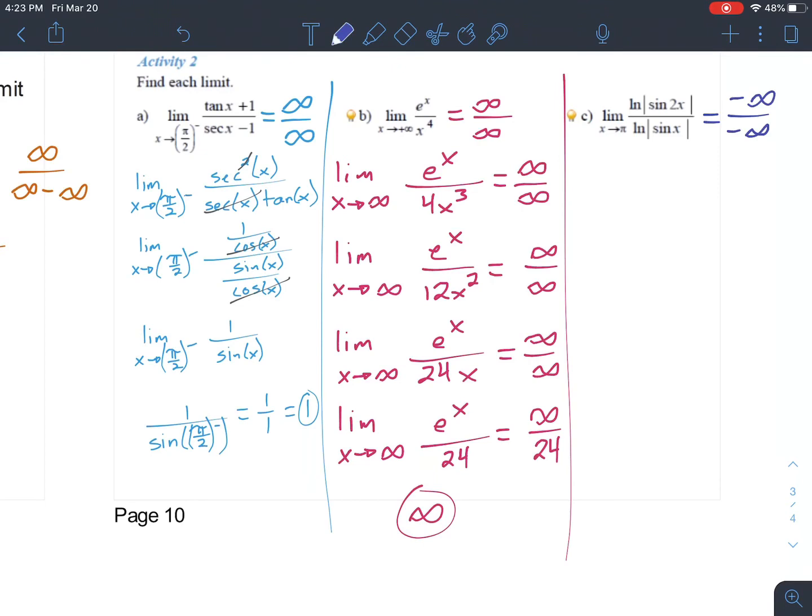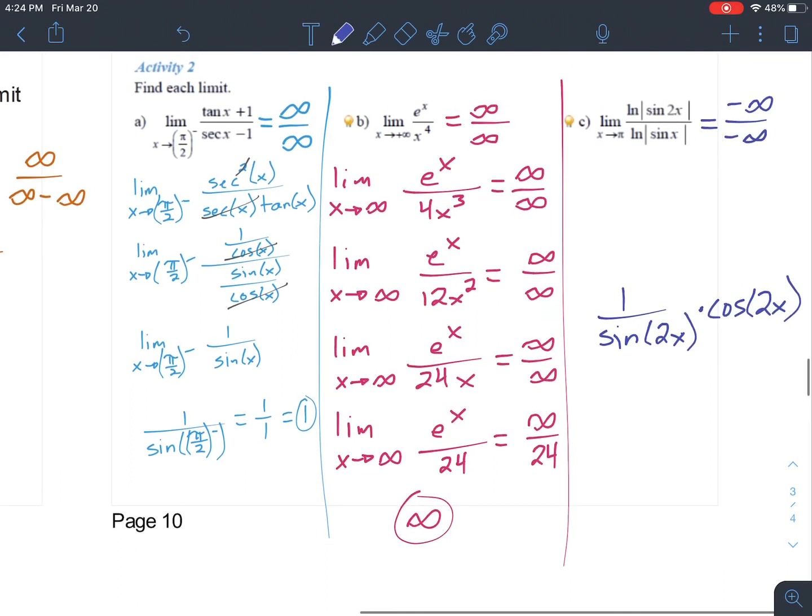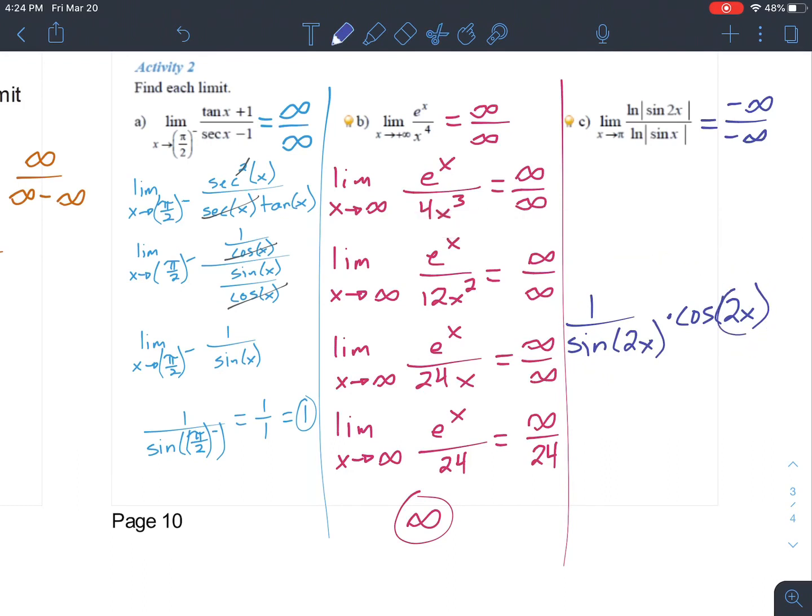Okay. Then we will go ahead and take the derivative of the top and the bottom. So for the top, I'm going to do the work a little bit lower first, and then we'll write in our new limit. So the derivative there, it's going to be 1 over sine of 2x, then we need to multiply by the derivative of sine, which is cosine, and then lastly we still need to multiply by the derivative of the inside, which is times 2.